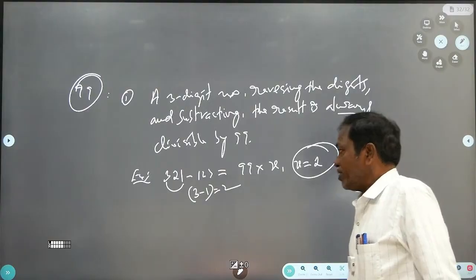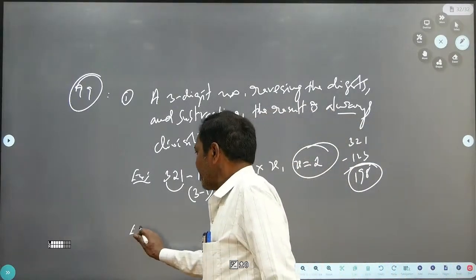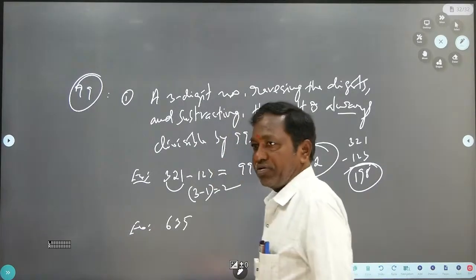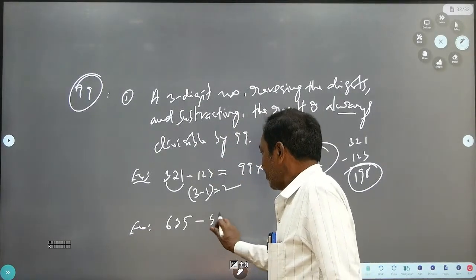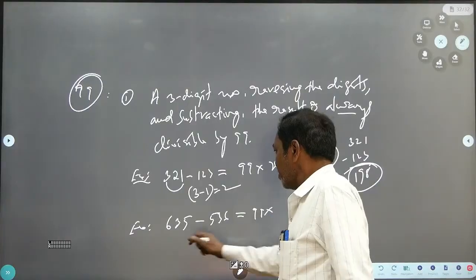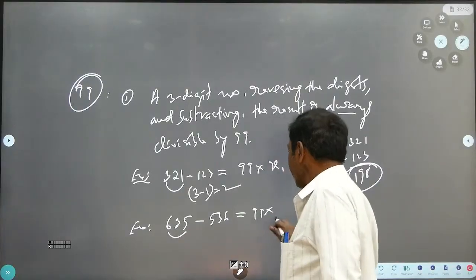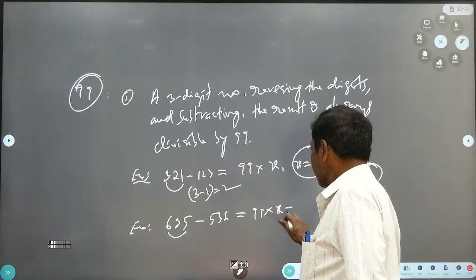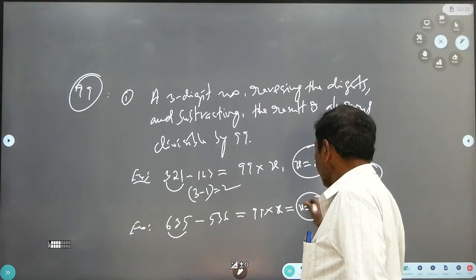If you take some other number, like another example, 635. 635 minus 536 is equal to 99 into (6 minus 5), that is 1. So x value is 1.